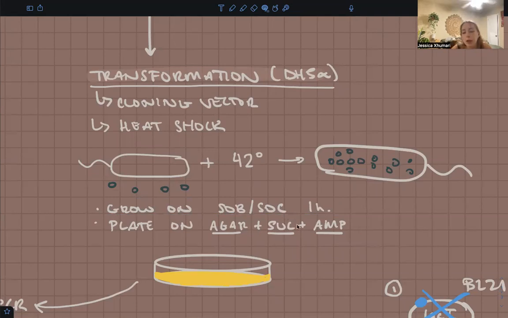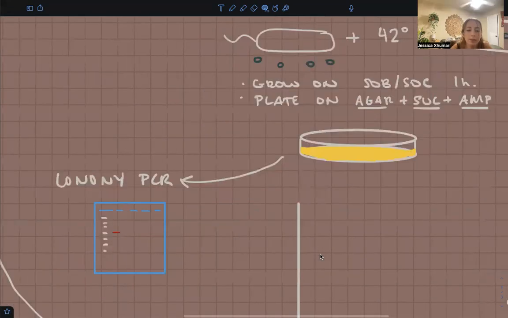Because the sucrose takes a minute to ramp up the lethal sucrose pathway. However, the ampicillin will kill the cell right away because it has not had a chance to develop ampicillin resistance using the ampicillin resistance gene, right? So that is super crucial, and really important to keep in mind.